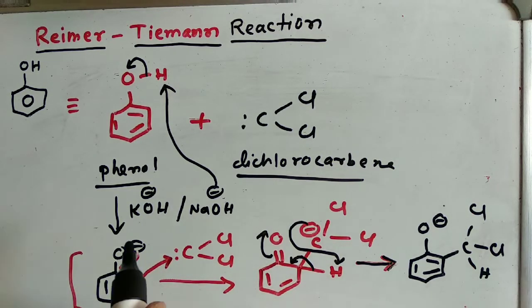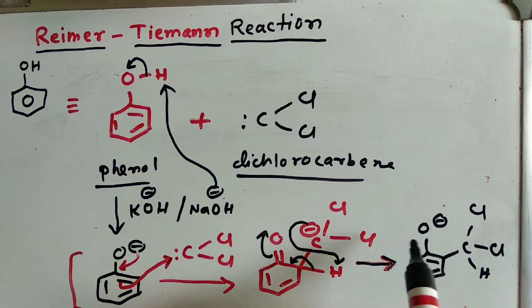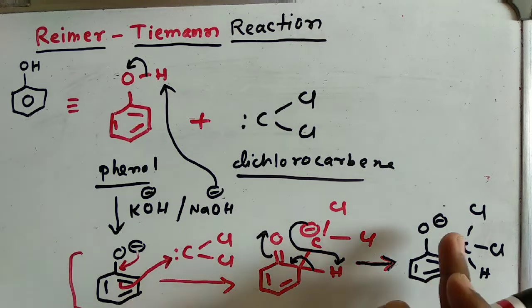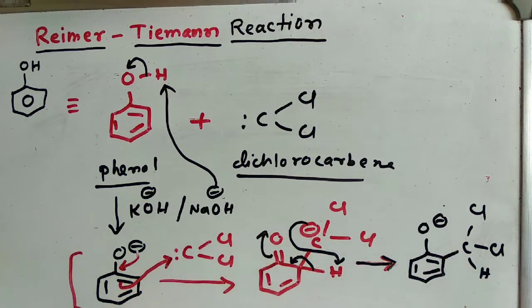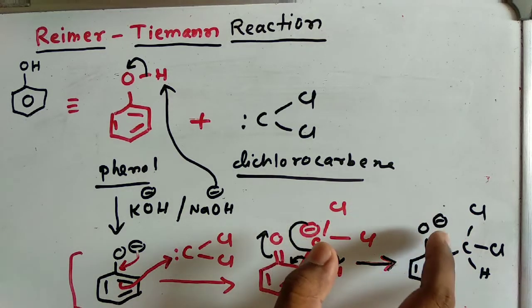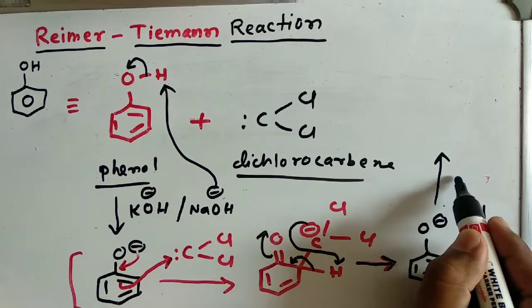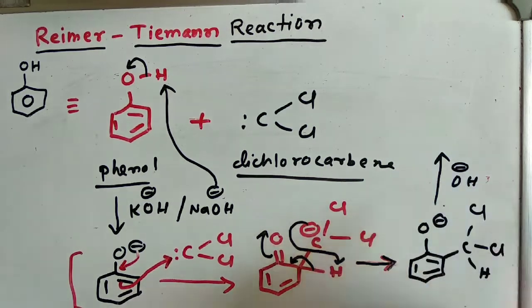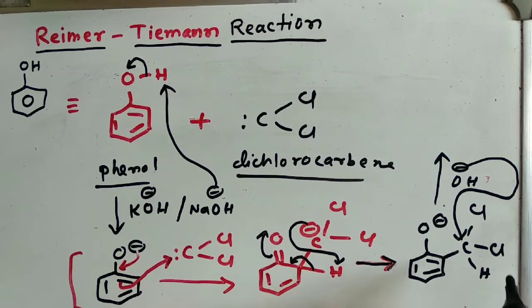In the next step, this negative charge can be protonated by one hydrogen atom. How? To make this O minus to OH, first the base KOH, the source of OH minus, will attack this center, and Cl, being a halogen, an electronegative atom, is a very good leaving group.